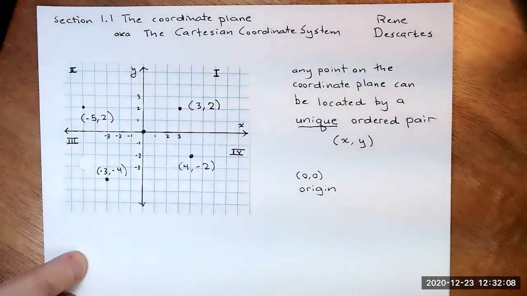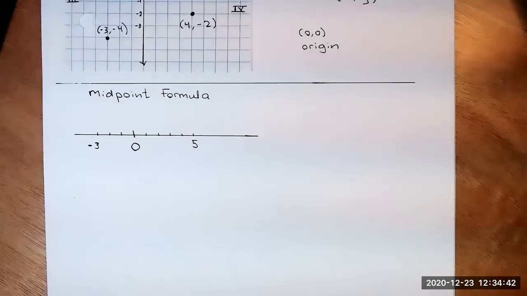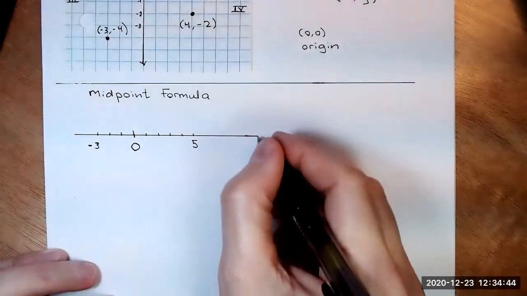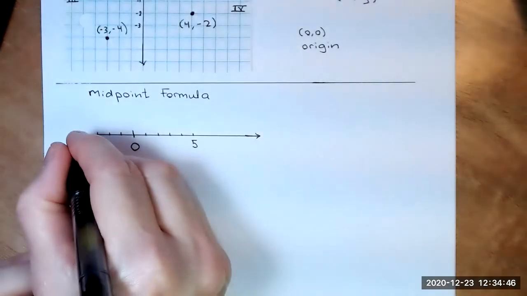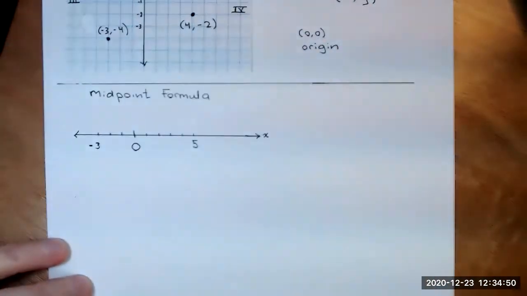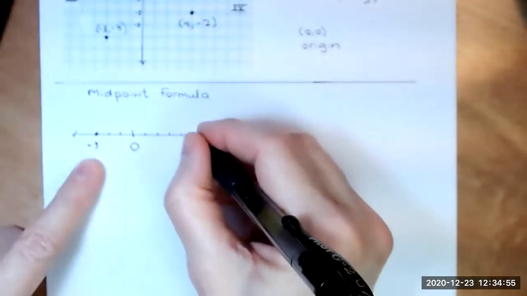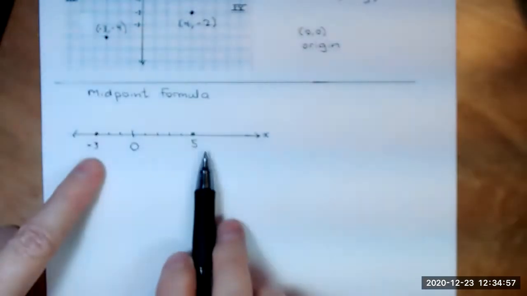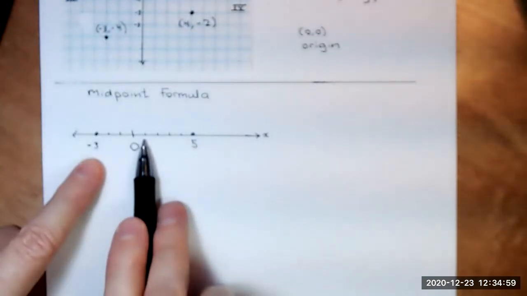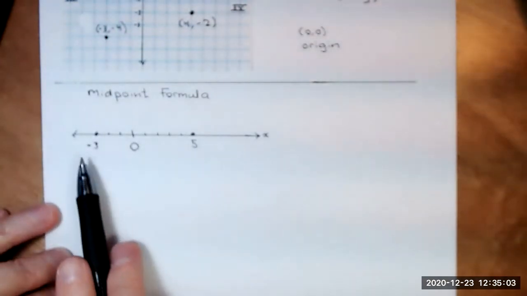All right, now let's talk about the midpoint formula. So first, let's do the midpoint in a one-dimensional space. So what's the midpoint between -3 and 5? And just looking, you can see it's 1. How do we get that using algebra?